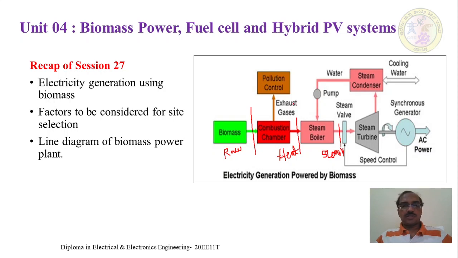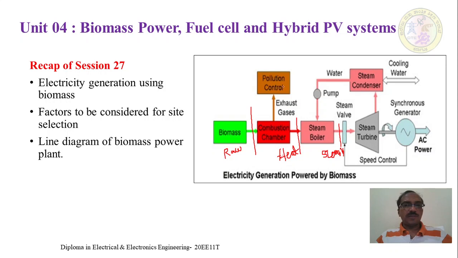To make it more efficient, we have a steam condenser, where the steam used in the turbine to convert into mechanical energy is condensed again, the water is recovered, and the same water is fed to the steam boiler again, so that it can be reused.